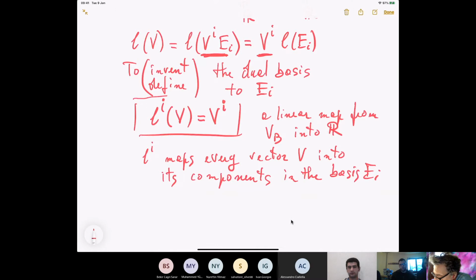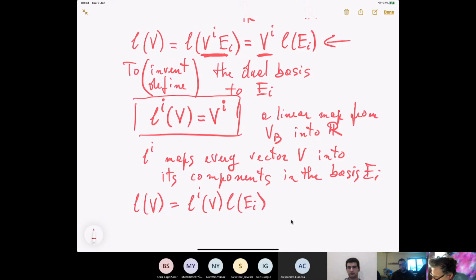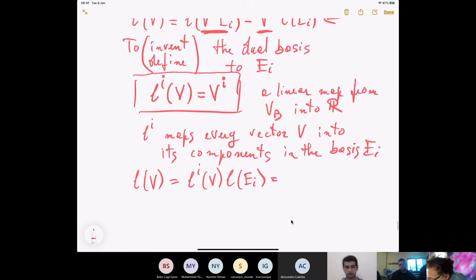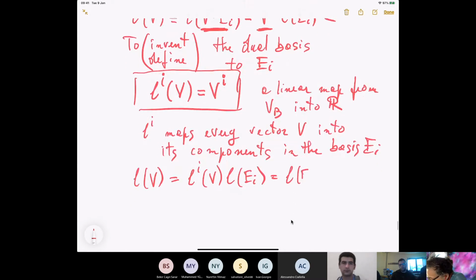Using this definition, we can write L of v equal, using this one, L^i(v) L(e_i). Now, commutativity of product is granted. So we can write this L(e_i) L^i(v).